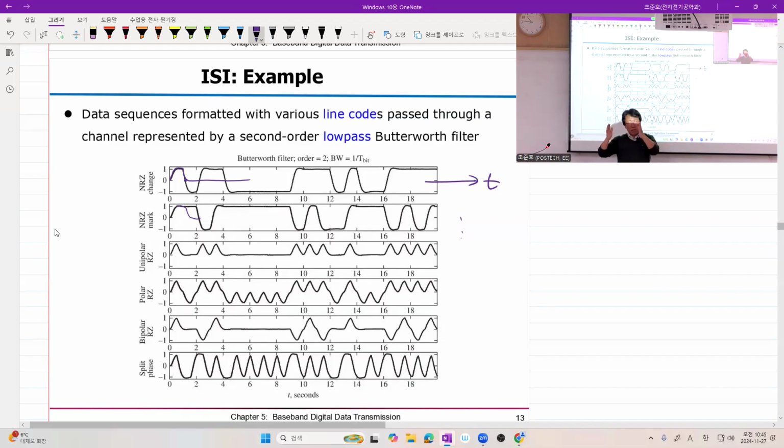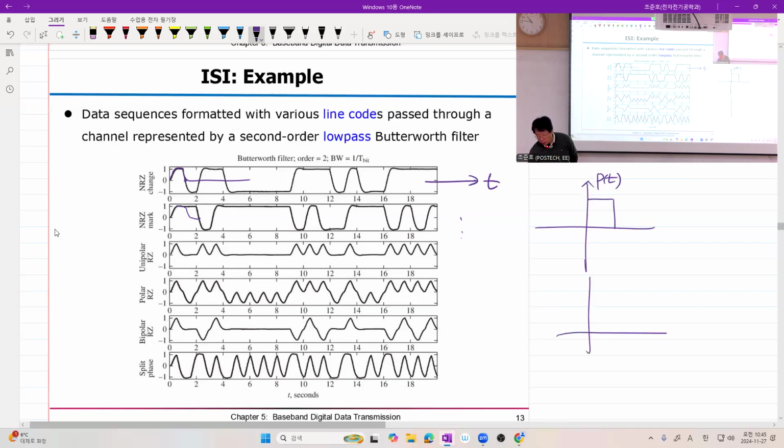These symbols are put side by side, and they are filtered by a kind of low pass filter. So in the time domain, the signal spills over. Even though your pulse p of t looks like this, after passing through a filter with impulse response h of t, it may look like that one, right?